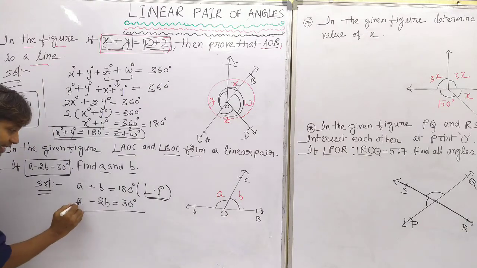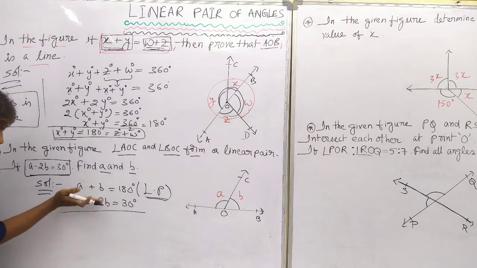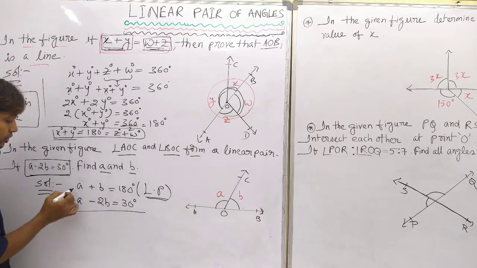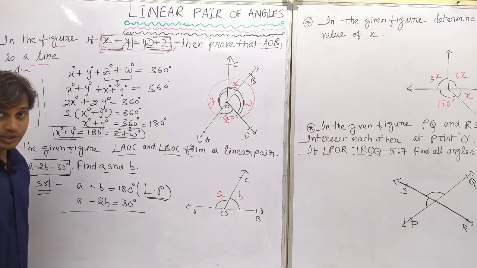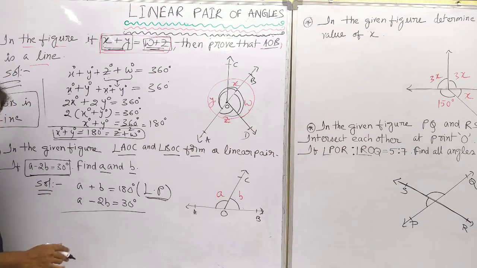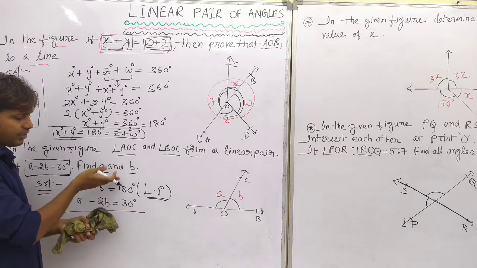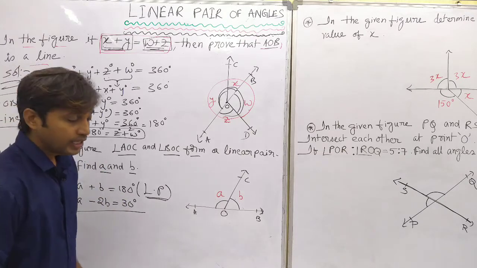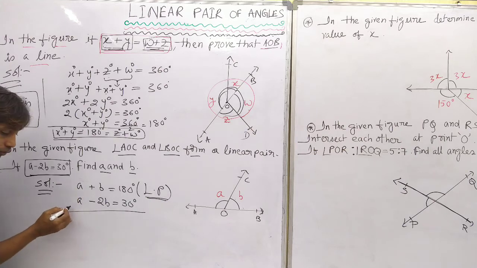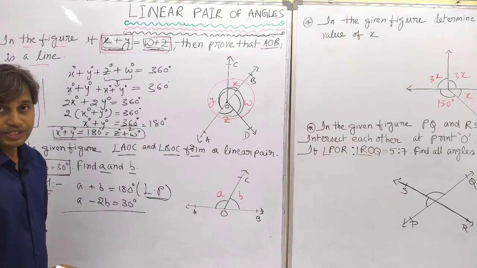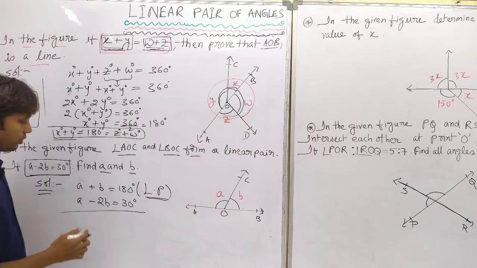If you subtract equation 2 from equation 1, it can be solved easily, because the coefficients of A are equal in both equations. We can cancel the A's if we subtract equation 2 from equation 1, or else equation 1 from equation 2. If you subtract, the symbols must be changed for the second equation.